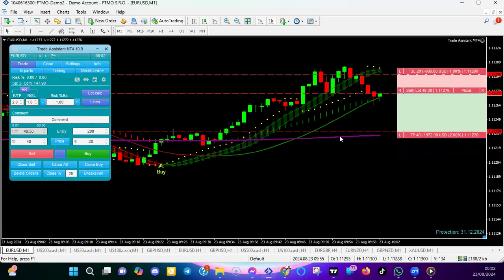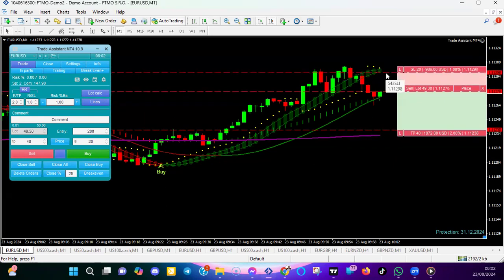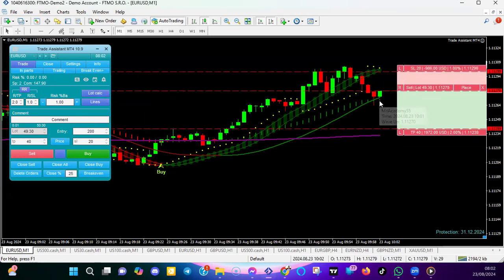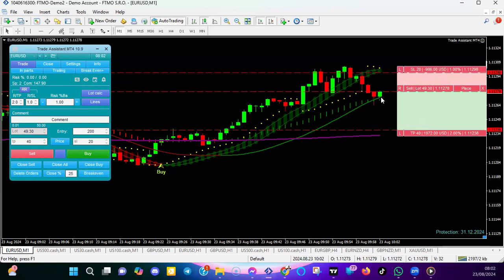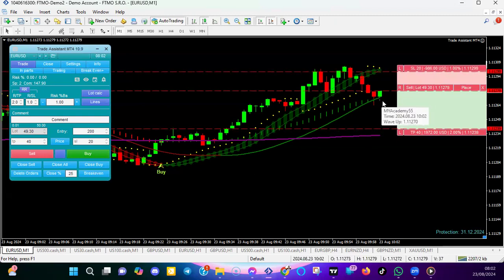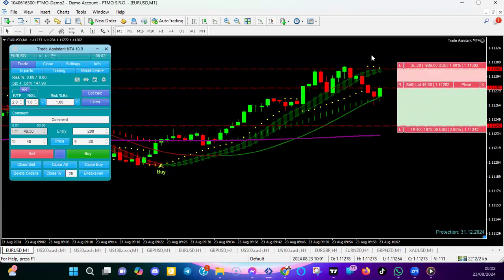And if we do, we will get a sell alert, and then I'll be waiting for the stop loss to get down here to the trend. Actually, the trend line is on the wave as well. So both are the same, but they both need to turn red and a sell alert.